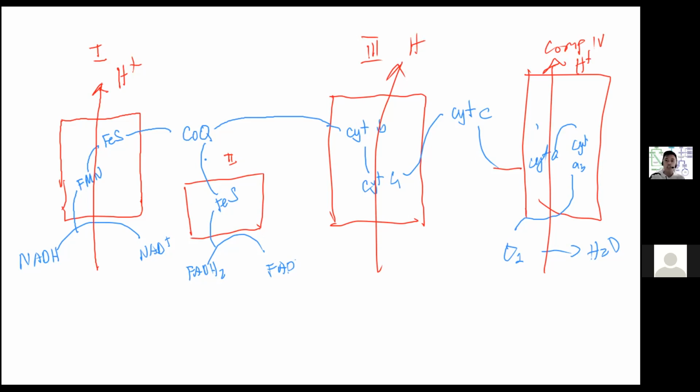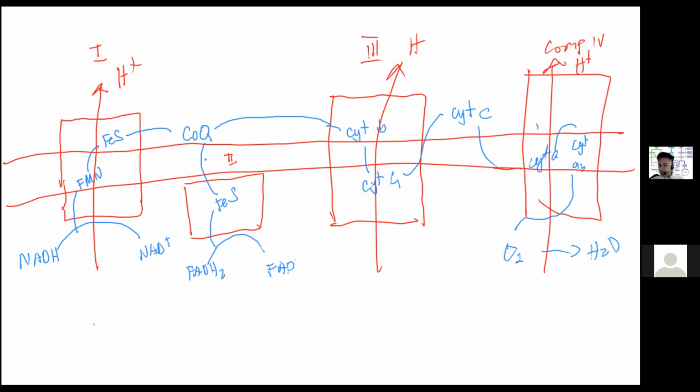So as the electrons move along these different complexes, they will be able to gain energy. The complexes are present in the membrane, right? So this is the matrix. This is the intermembrane space.